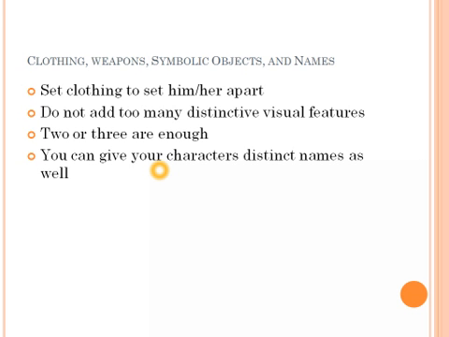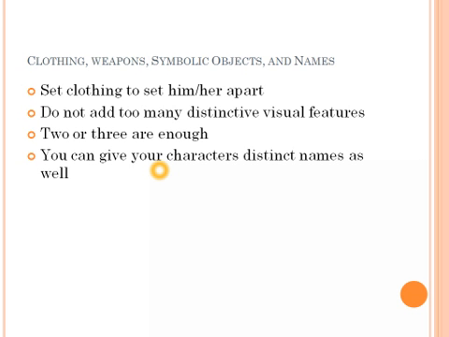In terms of clothing, weapons, symbolic objects and names for the characters or their visual appearances, you can define some sort of clothing for the main avatar or for other characters. Maybe you can make the primary avatar distinct, with a distinct color, but do not add many distinct visual features.